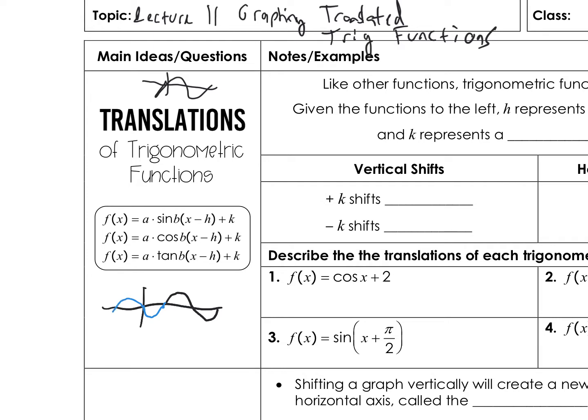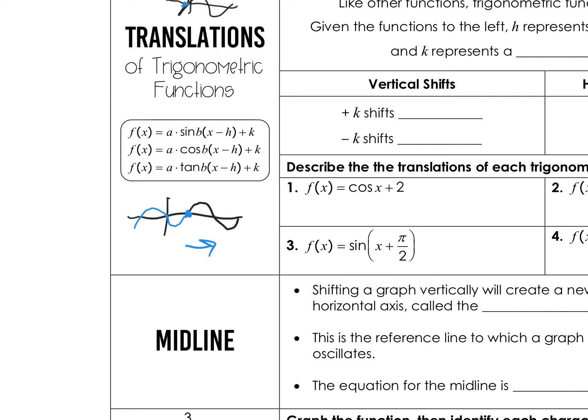You're just going to see it differently. But this point here that was at 0, 0 now moved. It moved to the right. You just as well could have had the same picture. Move up. So this is what we're going to talk about.